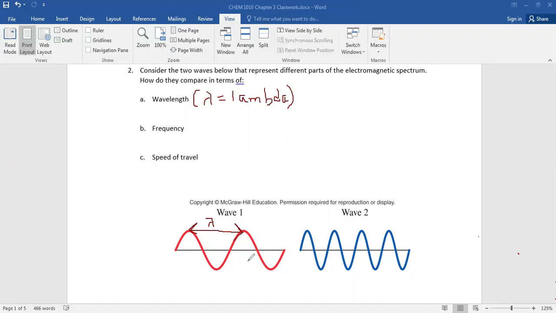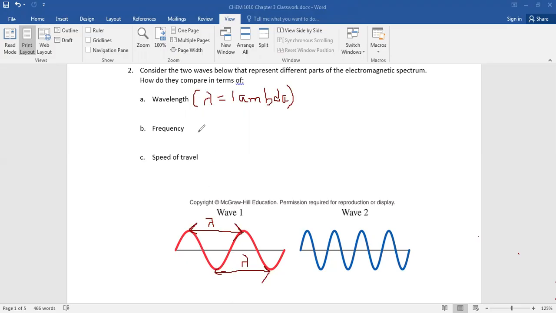That's one way to denote the wavelength, or from the bottom of the trough of one wave, the distance between the trough of one wave and the trough of another wave is also the wavelength. And those are equal. So the wavelength is a distance from peak to peak or from trough to trough. So by it being a distance, wavelength therefore has distance units like meters or centimeters or nanometers.